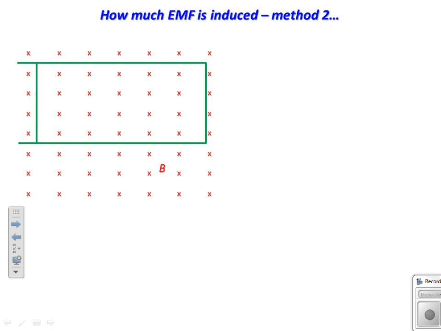Method 1: induced EMF is delta phi over delta t, or the change in the product BA cosine theta divided by delta t. Method 2 says, let's slide this bar across here.